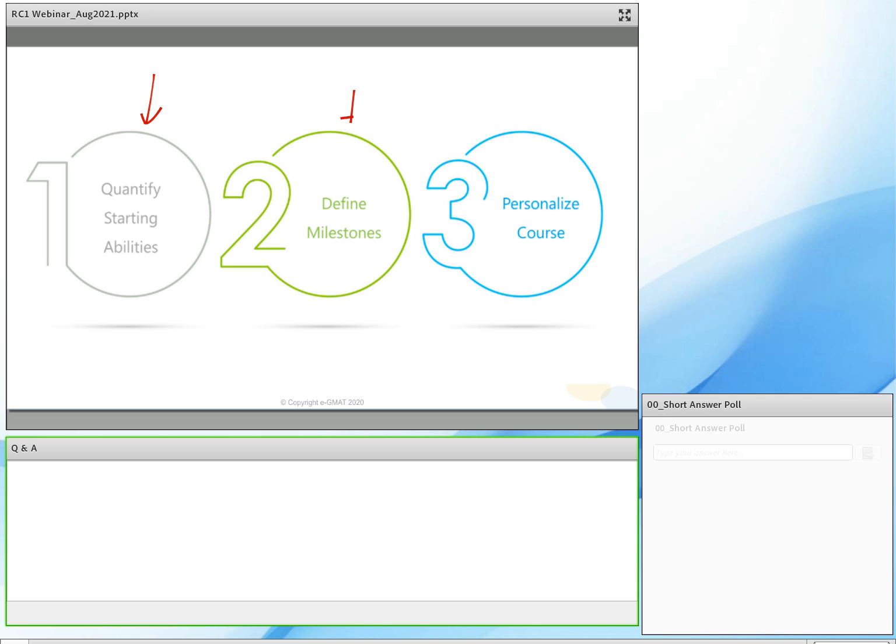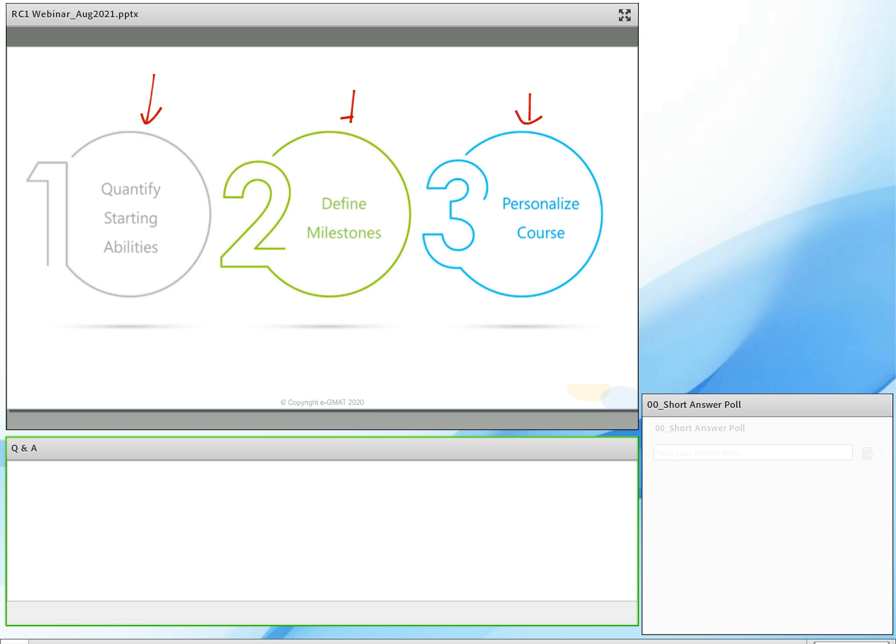So if you're already fantastic in reading comprehension, you do not have to spend so much time on reading comprehension. Your milestones will not be that much oriented towards reading comprehension because you don't have to study that much. So you've defined your milestones, and based on that, your entire course can get personalized. What you really need to focus on versus what you do not need to focus on.